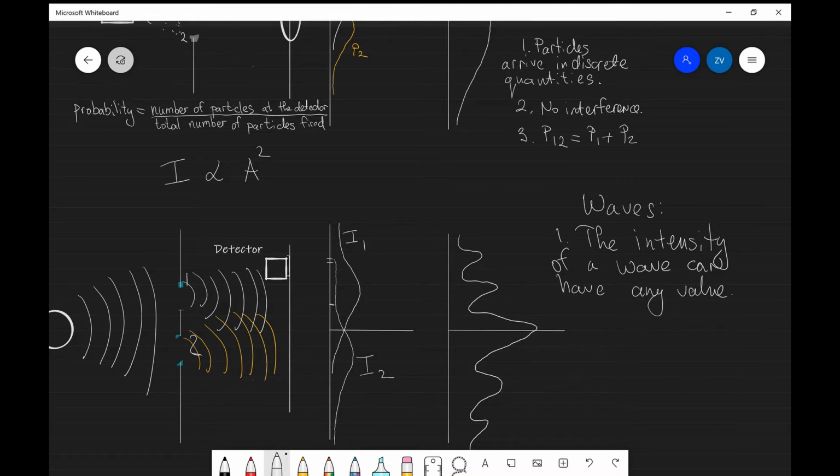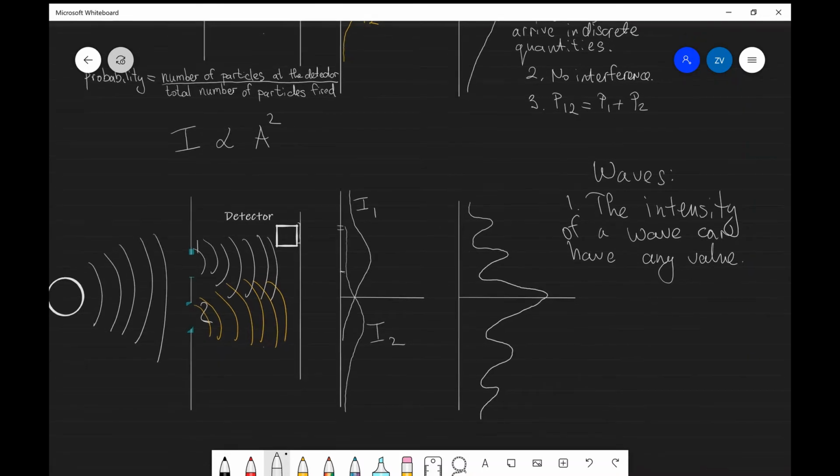This is to be contrasted with particles arriving in discrete quantities. In other words, the equivalent of intensity in particles only has 2 values, 0 or 1. Well, not actually 0 and 1, but it's binary. Either the particle's there or it's not there. With waves, the intensity can be almost any number. It could be anywhere from 0 all the way up to very high intensities.